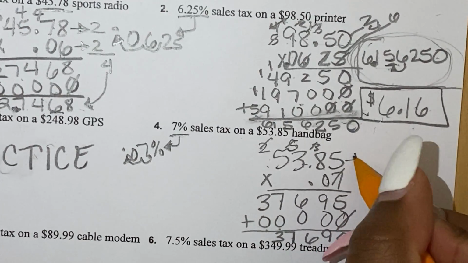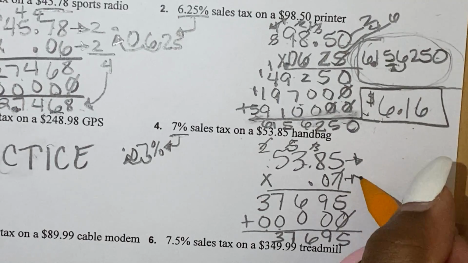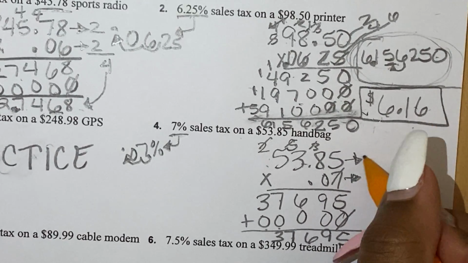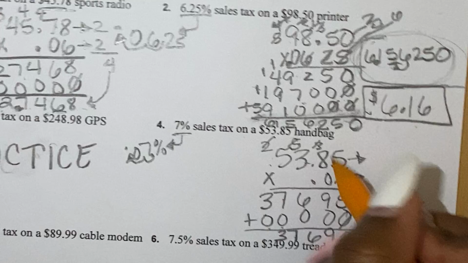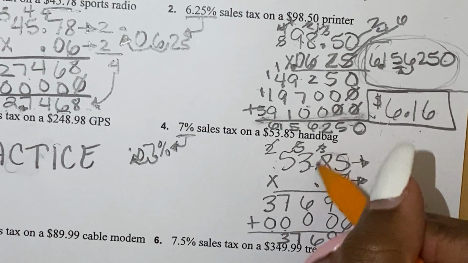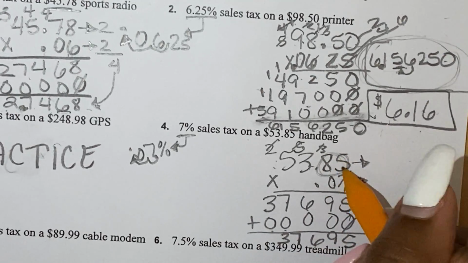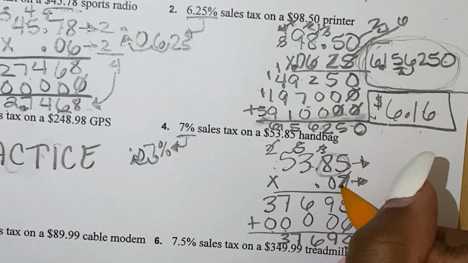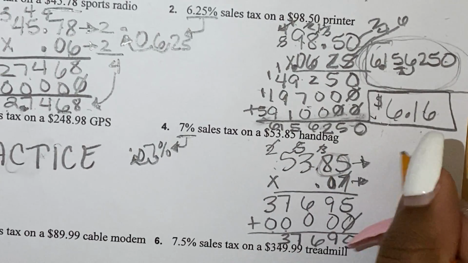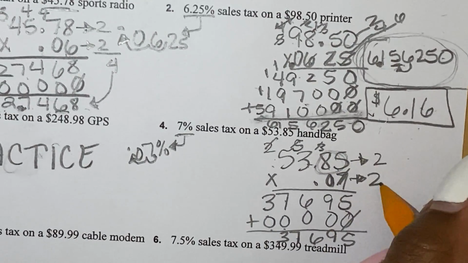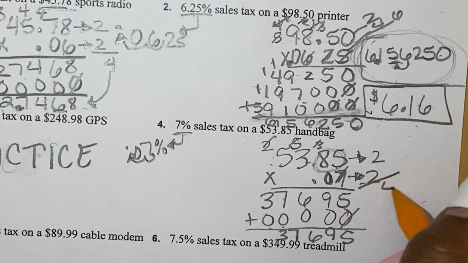37,695 is not our answer because we need to go to the side and count our numbers behind the decimal in the problem. So there are 2 here, 2 there. 2 plus 2 is 4.